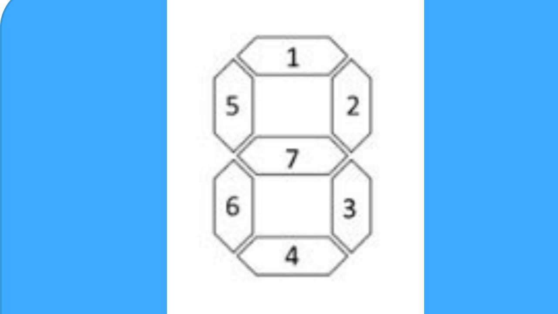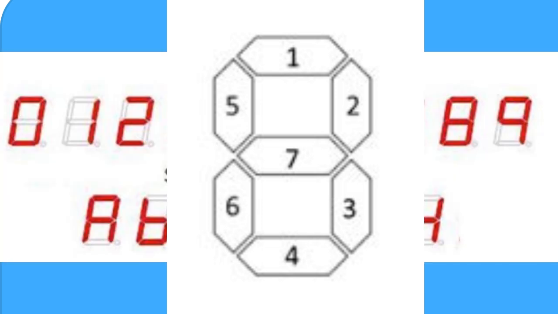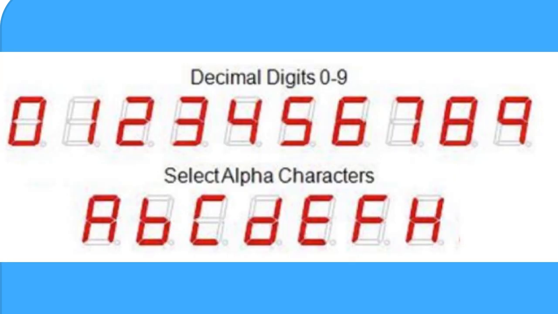So let's say we have number 8. In the number 8, we're gonna give numbers for the segments: 1, 2, 3, 4, 5, 6, 7. So this is the number of inputs.